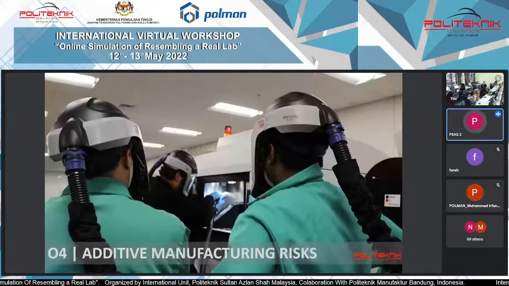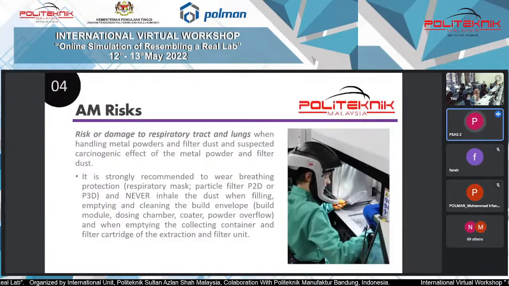And then go into the additive manufacturing risk, respiratory tract and lungs. So we have to use PPE to ensure that the particulate or the powder produced after the post-processing does not affect us.